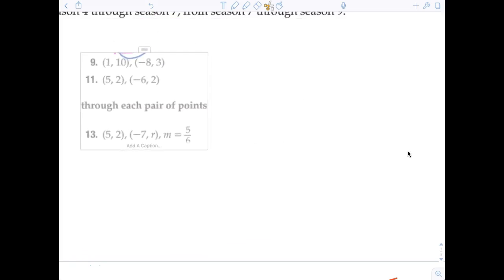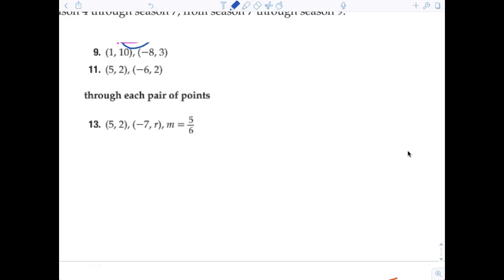So here we go with number 9. I want to find the slope. Slope equals, come on now. Now I want everybody to write down m equals y2 minus y1 over x2 minus x1. Write the formula. The reason why I'm asking you to write the formula is so you'll remember the formula.